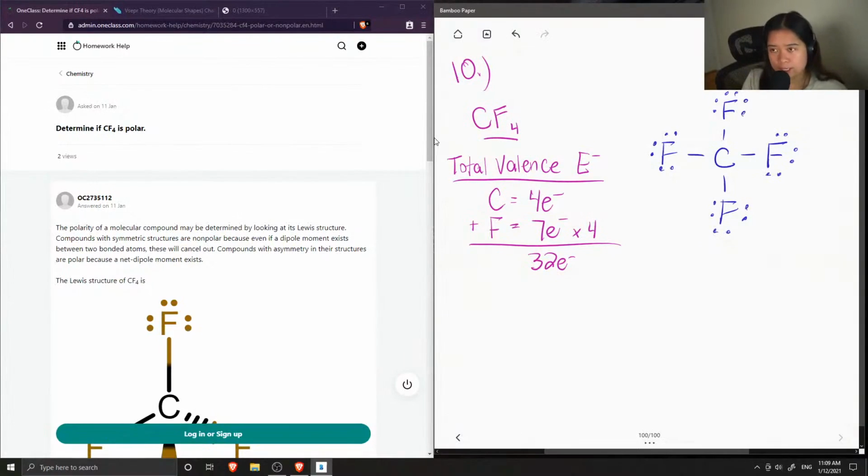Okay, so we have all of the lone pairs drawn in, and if we count out all the electrons that I've drawn so far, each bond containing 2 electrons, then you'll see that we have reached our 32 electron count, and all of our atoms have a full octet, so we know that we have the correct Lewis structure.